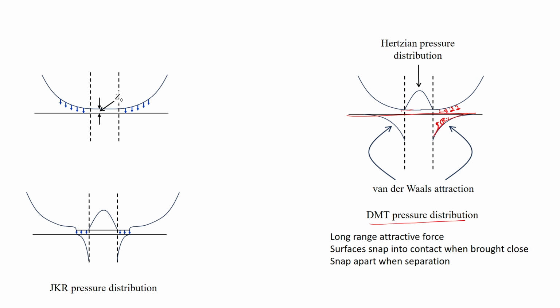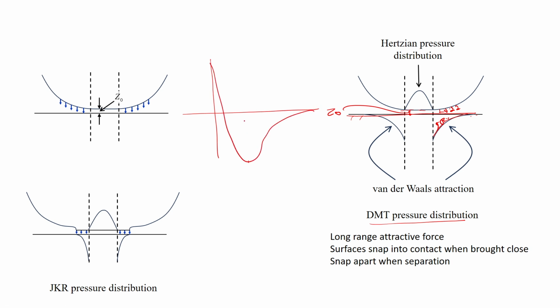When the sphere and this rigid substrate come in contact, what is the minimum distance they attain? There is a minimum distance, that is Z0 here, and it comes from the Lennard-Jones potential. Remember that it goes something like this.